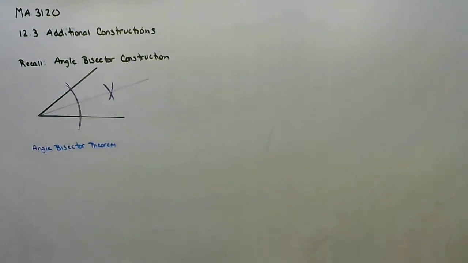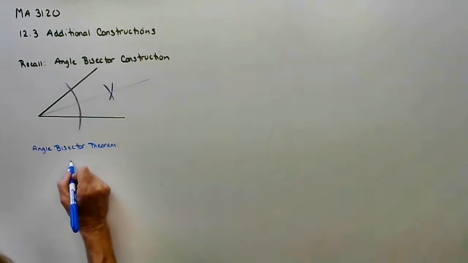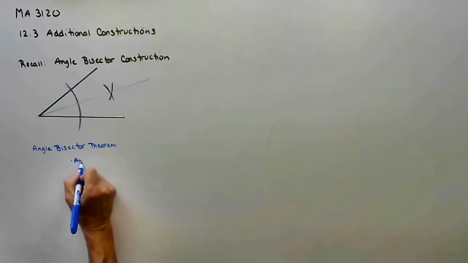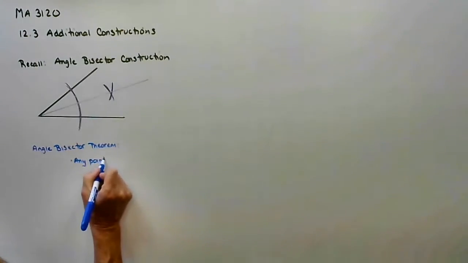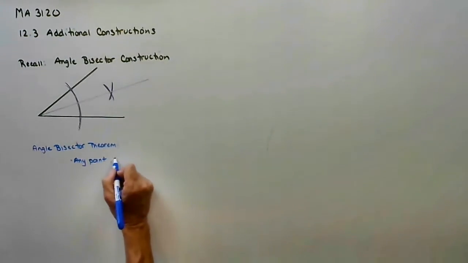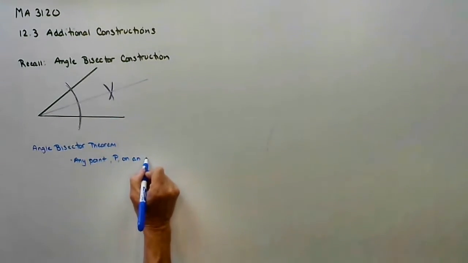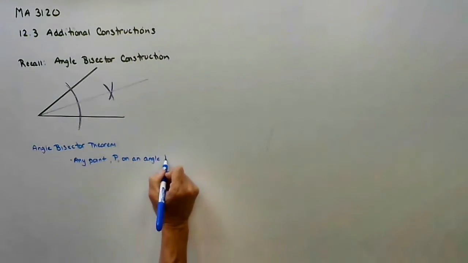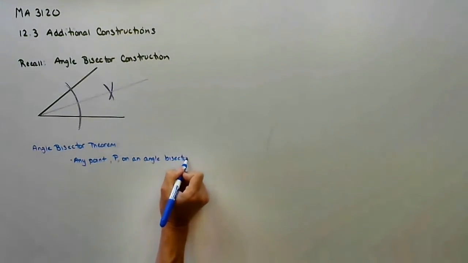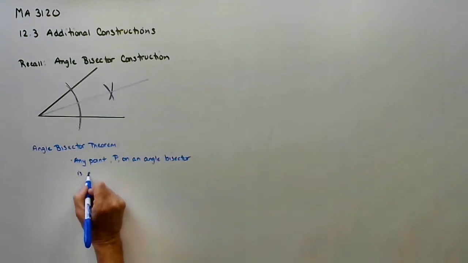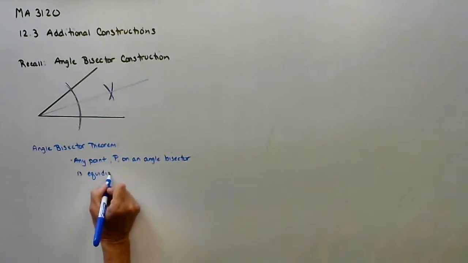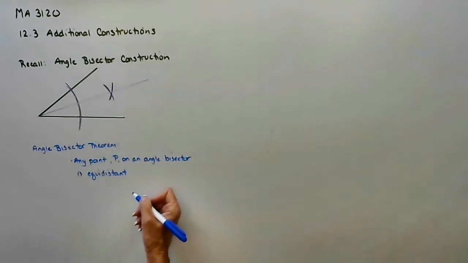Any point P that's on an angle bisector is equidistant from the sides of the angle.